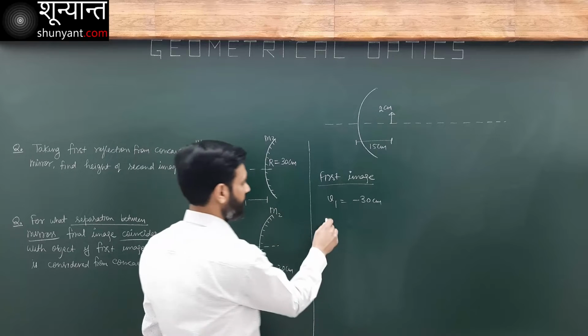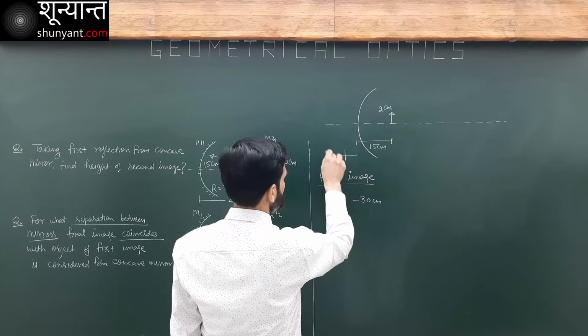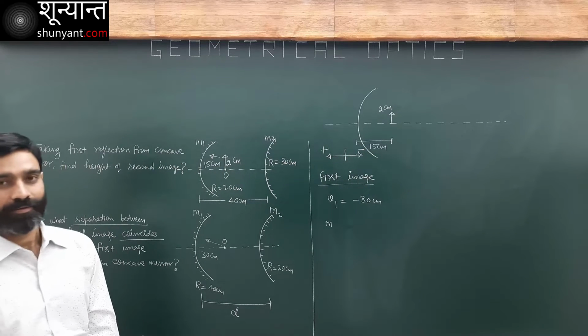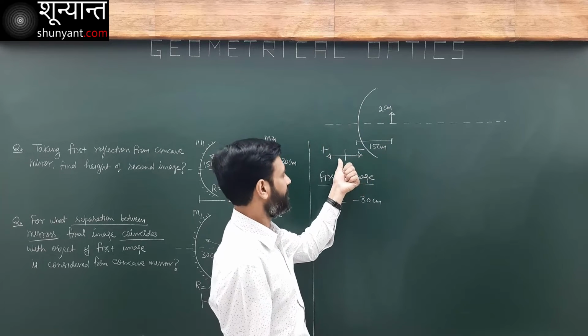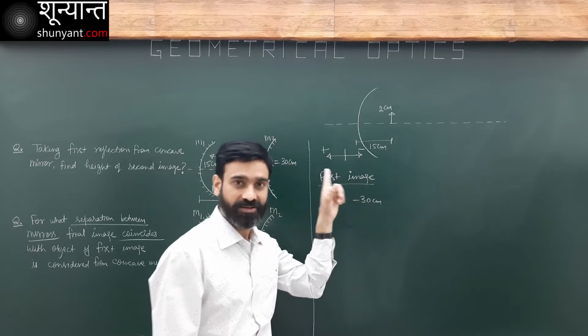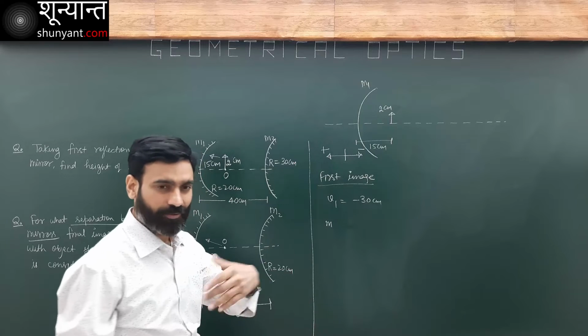What type of image? What will be the magnification? Look at the sign convention. This is positive here and this is negative here. Light rays are going towards left. That becomes positive. Right side becomes negative. This is for mirror M1. Forget about M2.